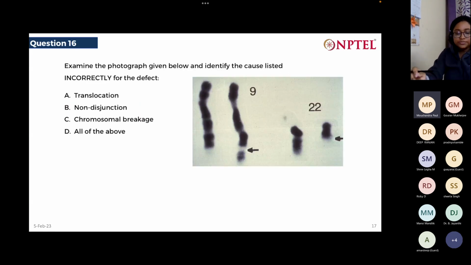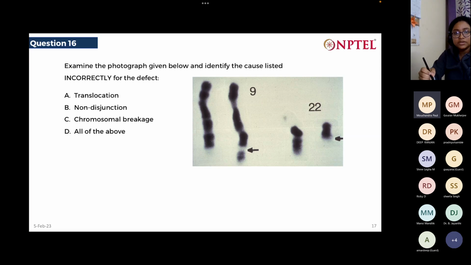Now in this question, you are given a karyotype where two chromosomes are shown, chromosome 9 and chromosome 12. You have to examine this photograph and then identify the cause listed incorrectly for the defect. Would anyone like to try?